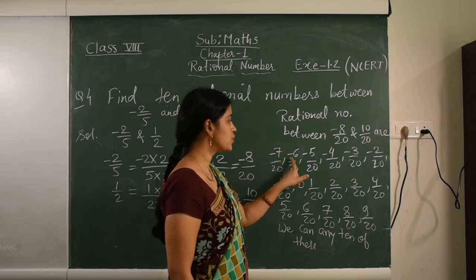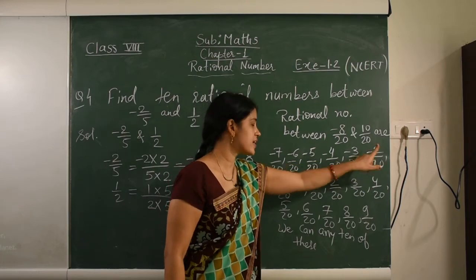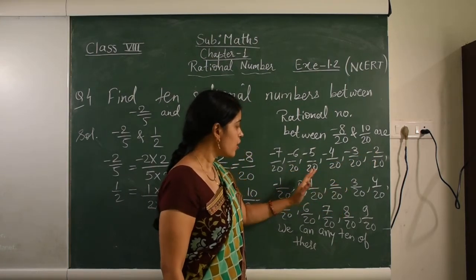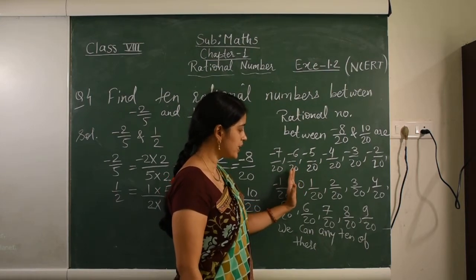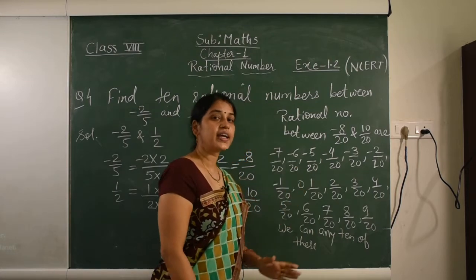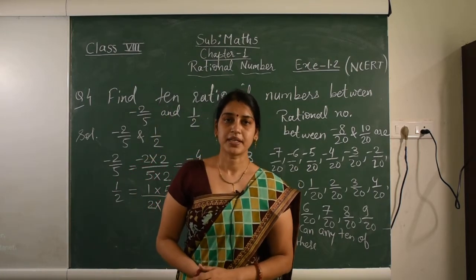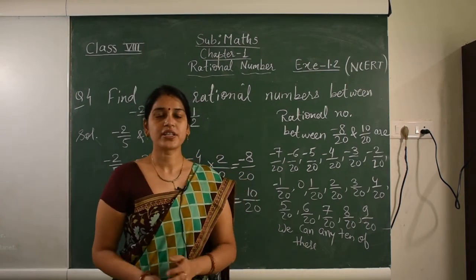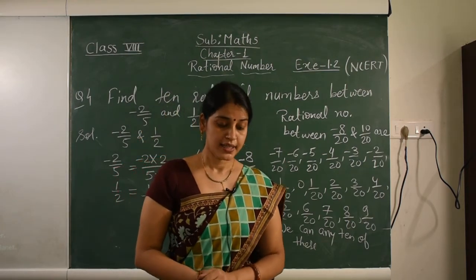So this is 1, 2, 3, 4, 5, 6, 7, 8, 9, 10. Up to there you can take, or you can start from 0 also, so 0 up to this one. So you can get 10 rational numbers. In this way you can find 10 rational numbers, 5 rational numbers or many rational numbers.